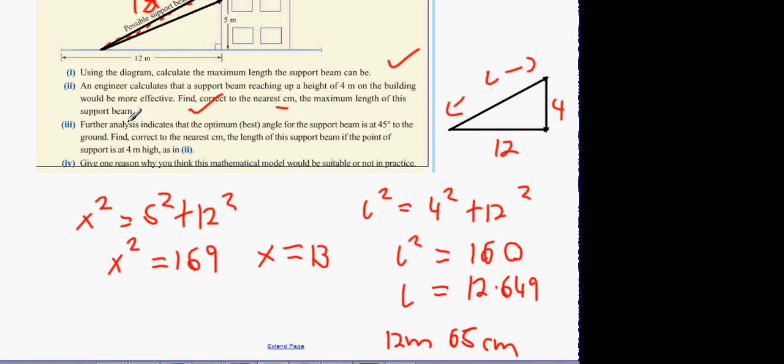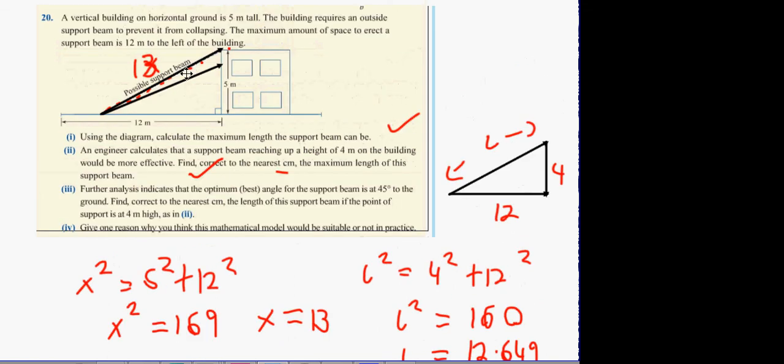Okay? Further analysis indicates that the optimum best angle for the support beam is 45 degrees to the ground. Find, correct to the nearest centimeter, the length of the support beam if the point of support is 4 meters high. Now guys, there's something you need to know about 45 degree angles.